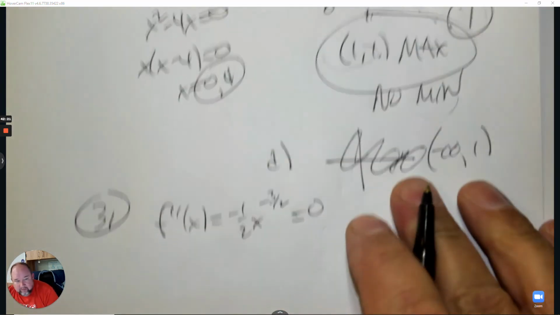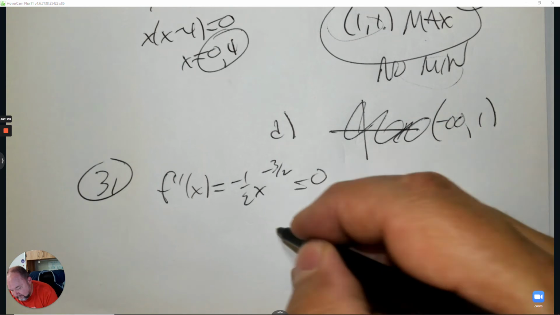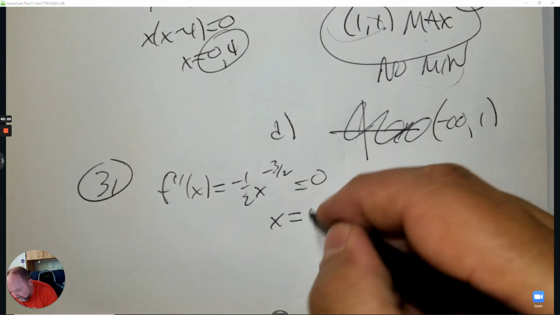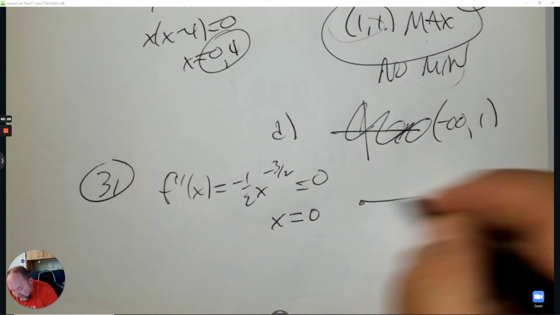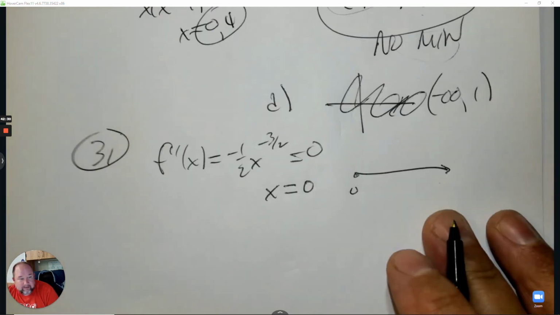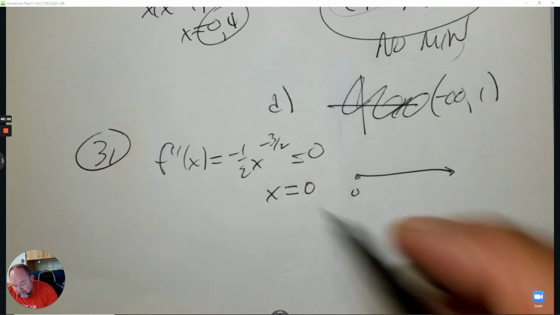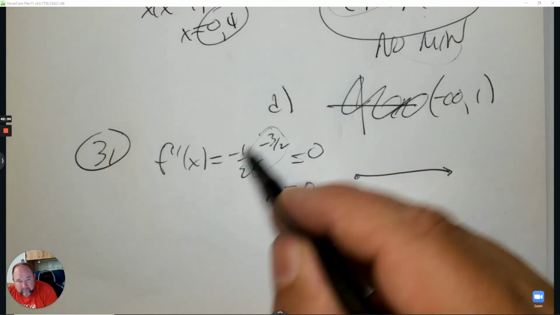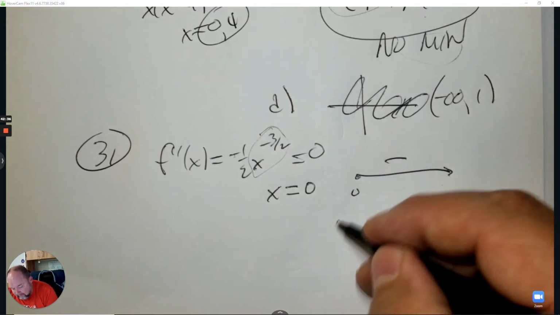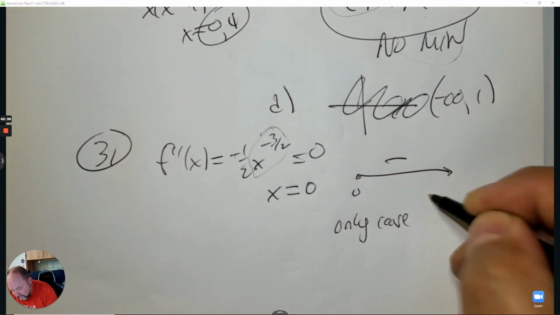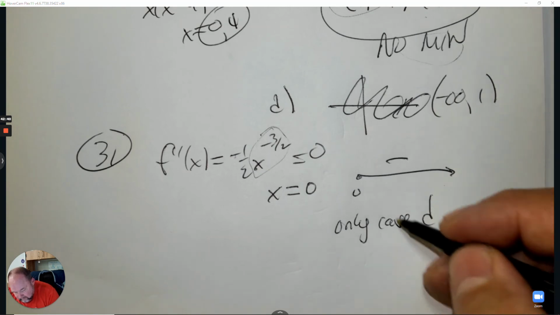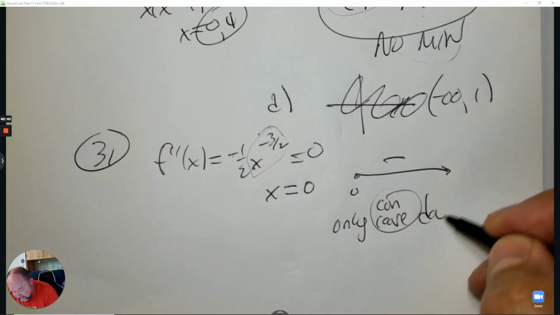Make it equal to 0 and solve it, and you see the only answer there would be 0. Well, 0 is the beginning of the domain, and so no matter what number you put in here, the answer is always going to be negative, so it's only concave down.